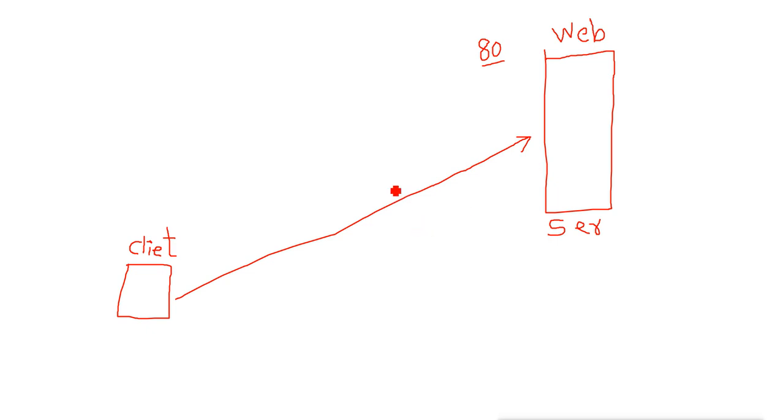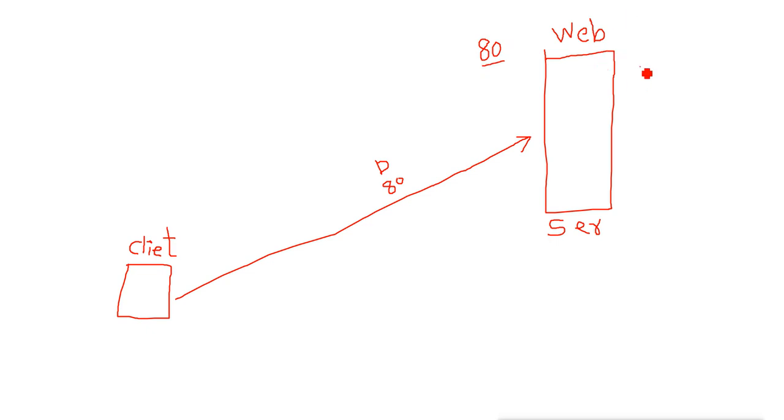Now in this case, the destination port will be port number 80. So our client machine will set the destination port as 80, so that when it reaches the web server, it understands that this request is for my web service. Maybe this server has other services also.